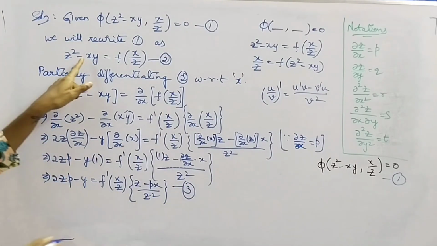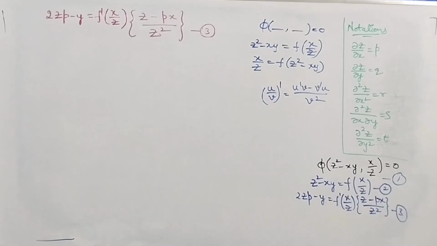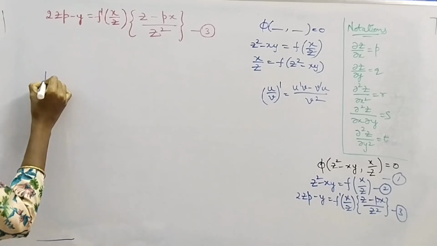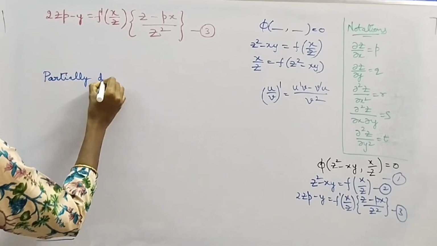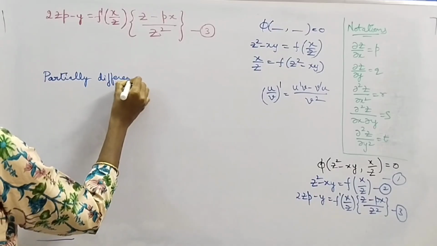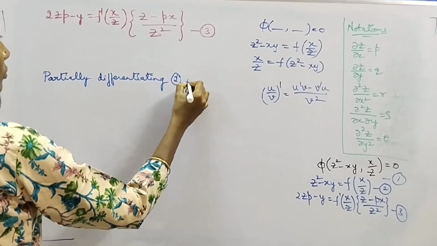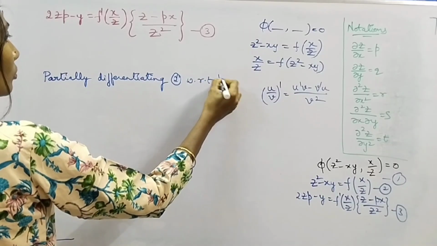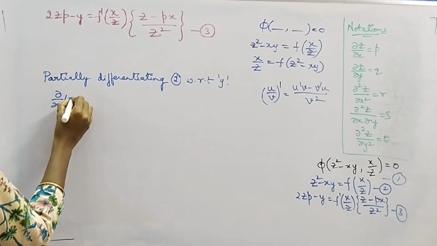Again, we'll partially differentiate 2 with respect to y. Just apply dou by dou y on both sides of 2.